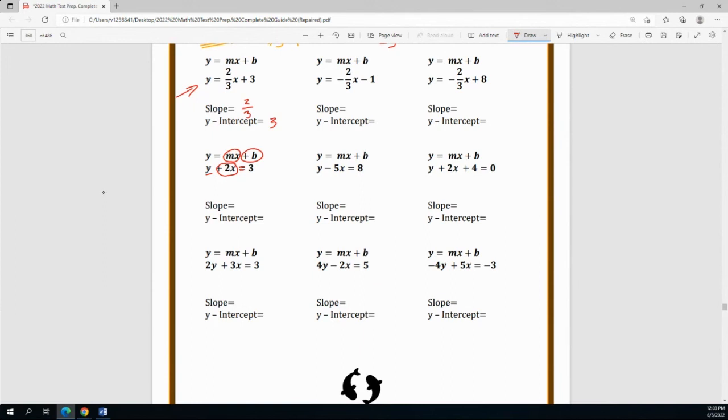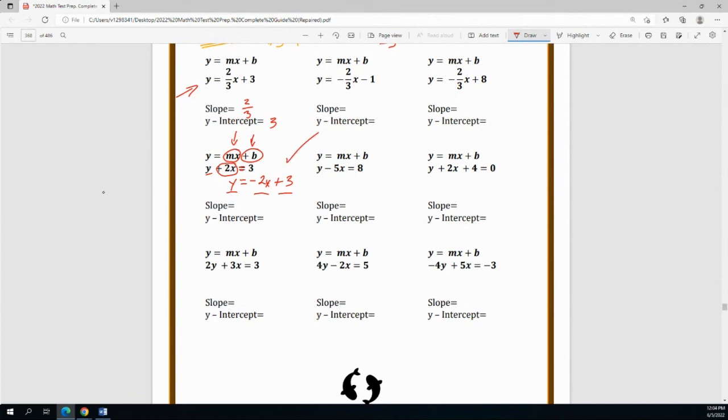Now, here I go. Ready? Y equals, remember, the opposite of adding 2x is subtracting 2 times x. And then what's in front of it? Not just 3, plus 3. Okay? So now, does this look like this?